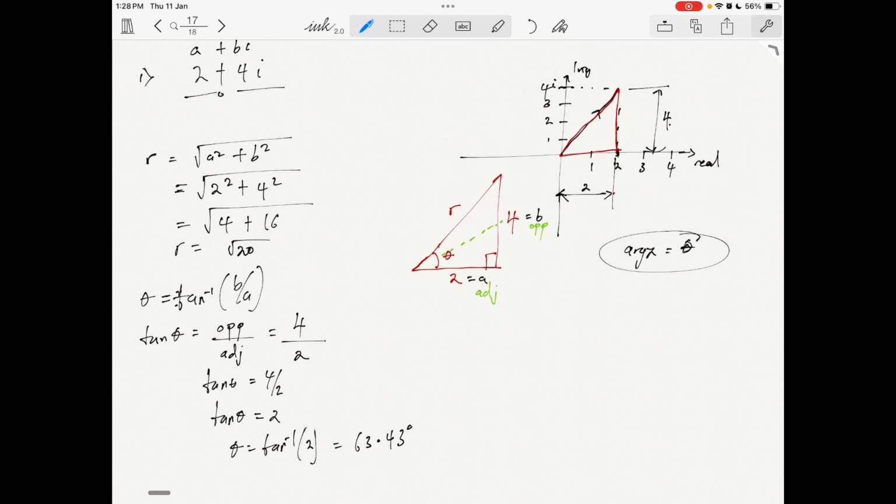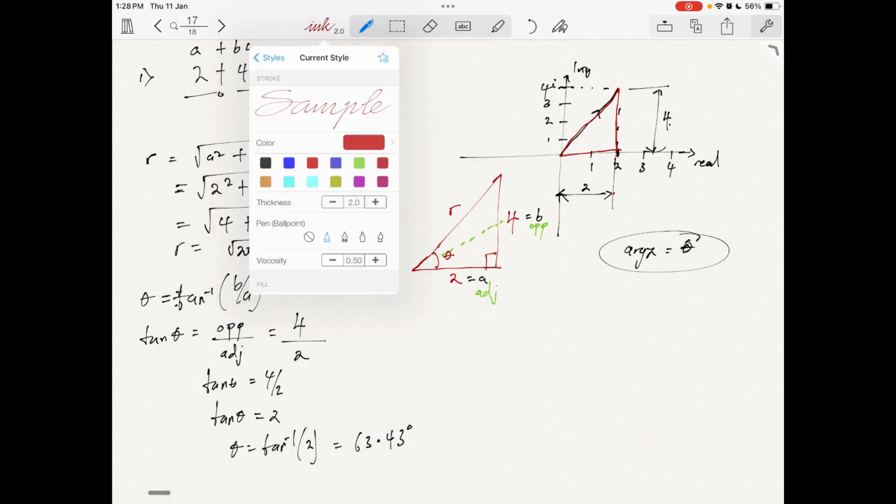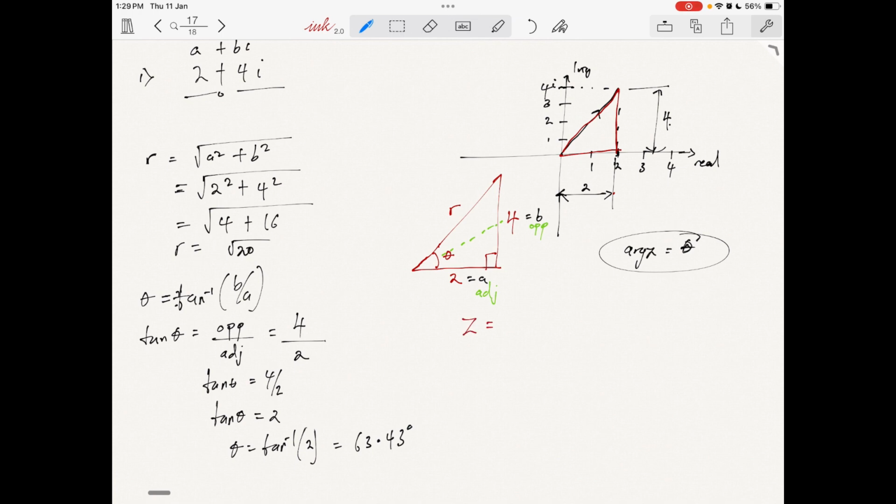We recall that in Cartesian form, z is equal to a plus bi, and in polar form, z is equal to r cos theta plus i sin theta.